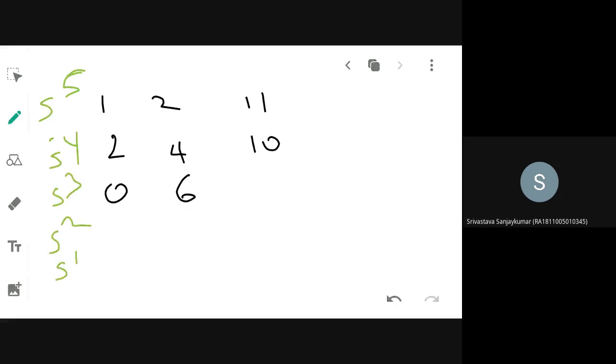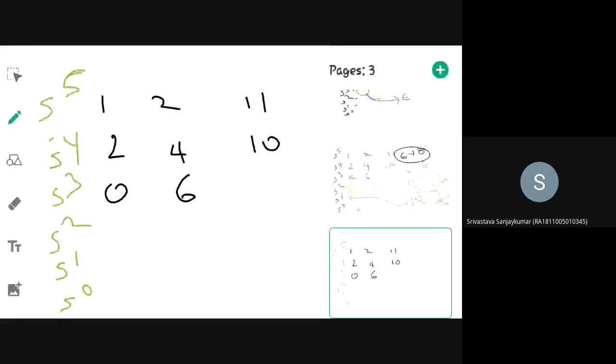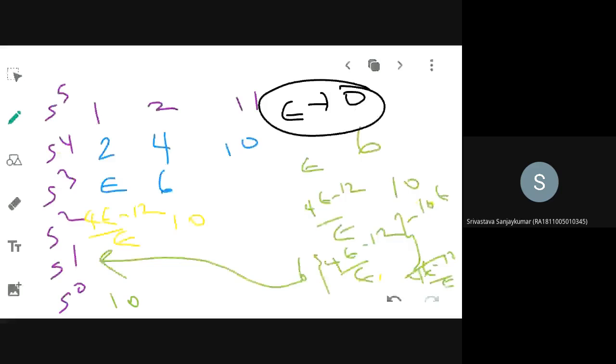What is the next column element? Again I am turning back epsilon to 0 everywhere. So what will be the s to the power 2 row elements? 4 epsilon minus 12 divided by epsilon. What will happen to it? Infinity. Again I am just substituting epsilon back to 0. That's what I am trying to do.